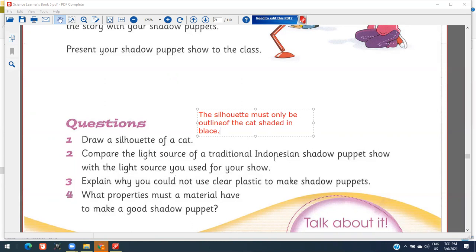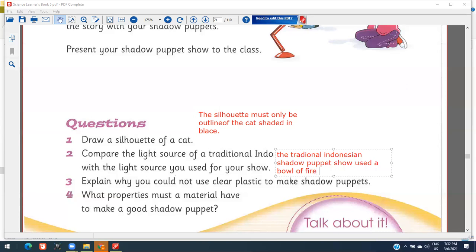So we write here: the traditional Indonesian shadow puppet show used a bowl of fire.